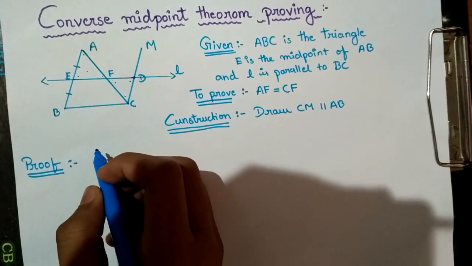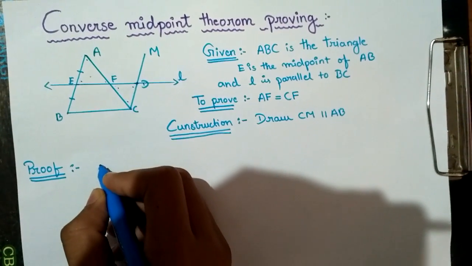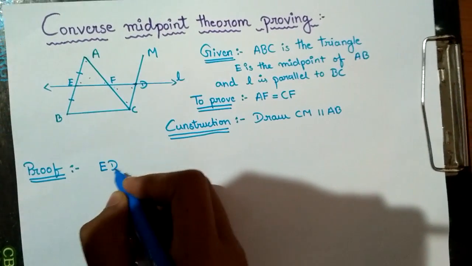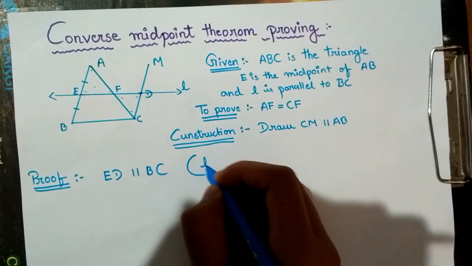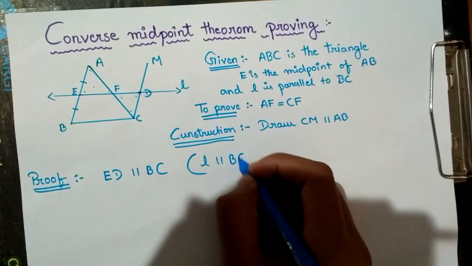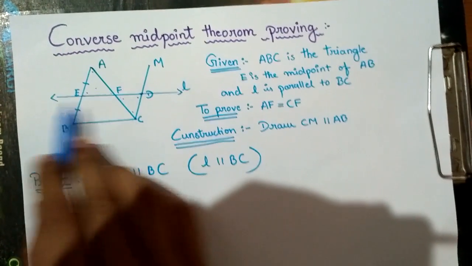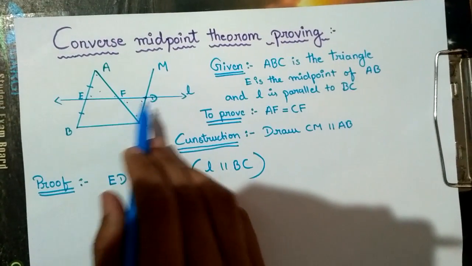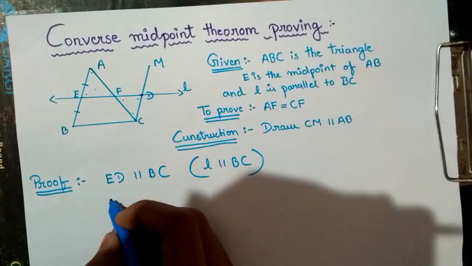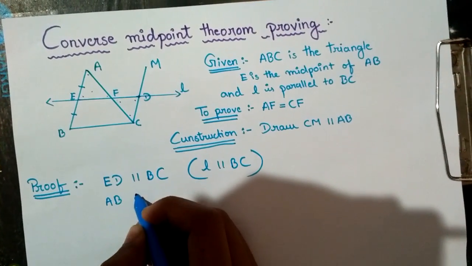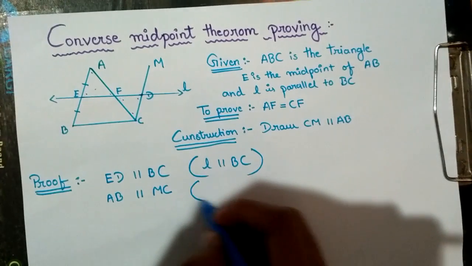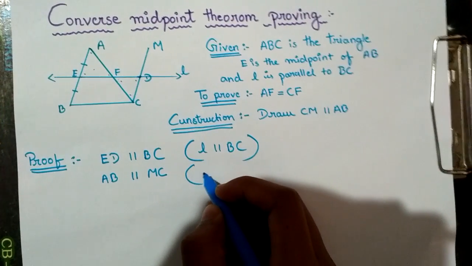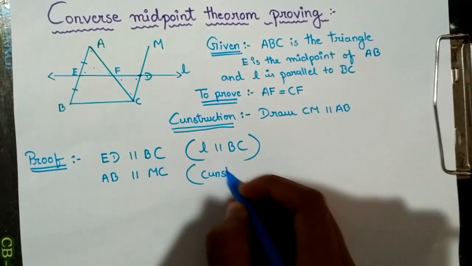First I will write that, as we know, ED is parallel to BC, reason is L is parallel to BC. As this line L is parallel to BC, so ED is parallel to BC, and AB is parallel to MC as we have drawn in the construction. So I will write the reason here: construction.